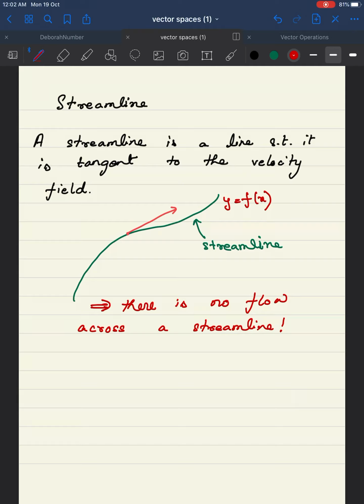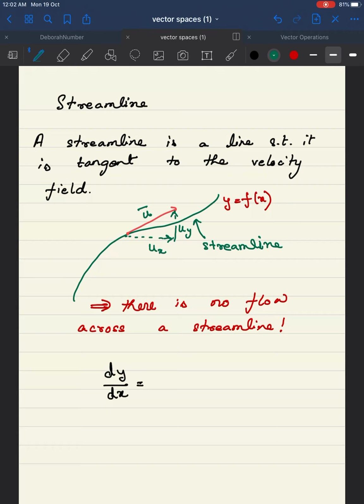So the tangent to this line at any location is my dy by dx. But my tangent is coincident with the velocity field vectors. Which means that if I were to take this, ux and uy, these are the components of the velocity. So this is the velocity field vector.